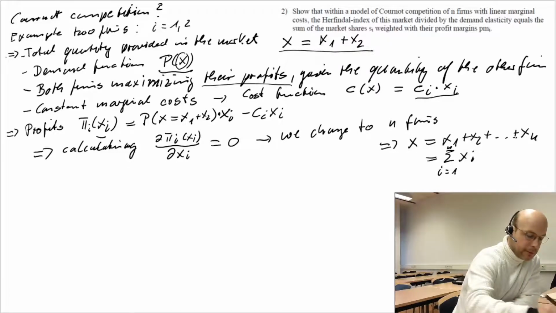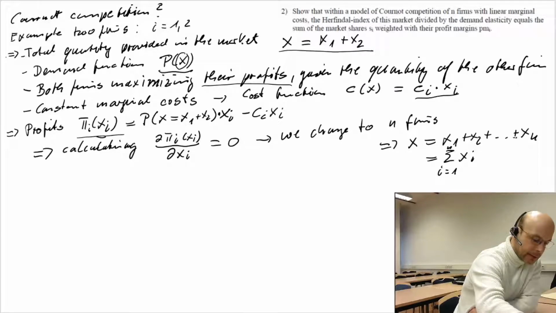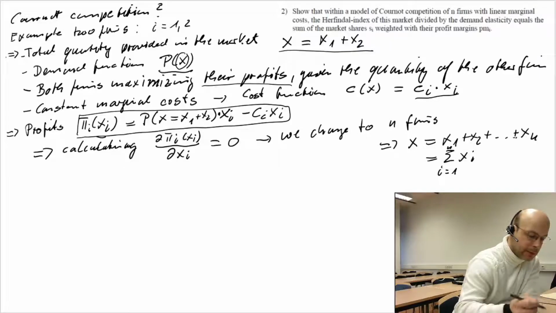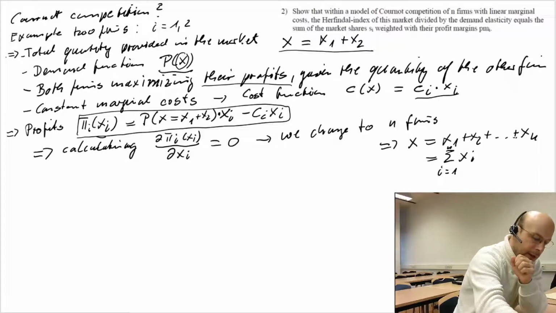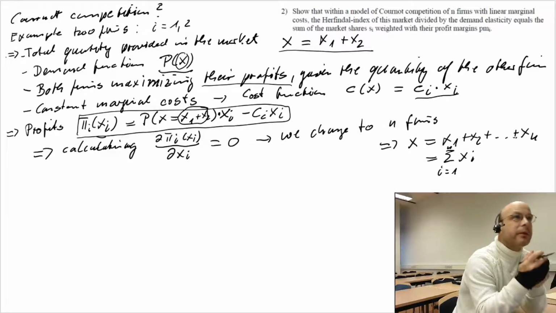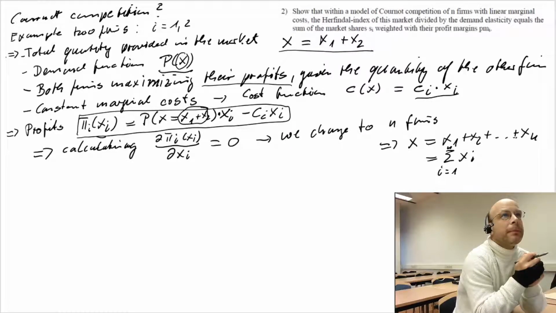But actually, we are, of course, always looking only at calculating the derivative of this formula, and then we see nothing conceptually really changes in this formula. Only here we have to insert the total sum.